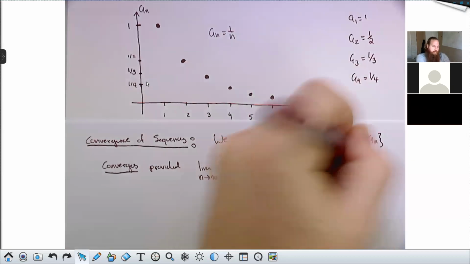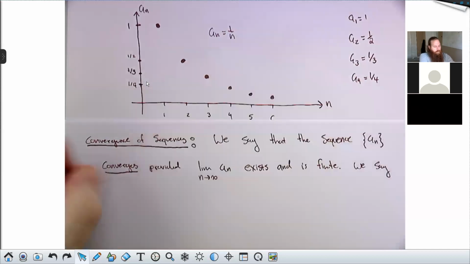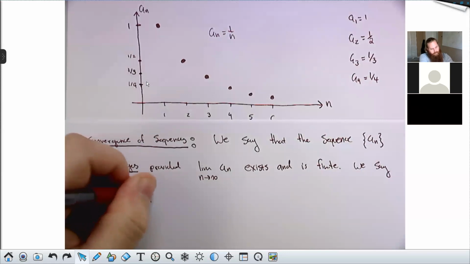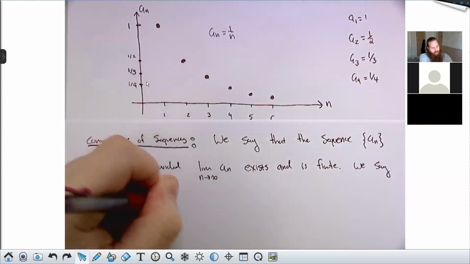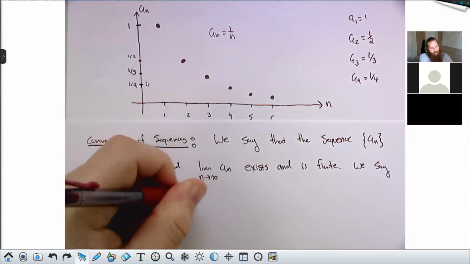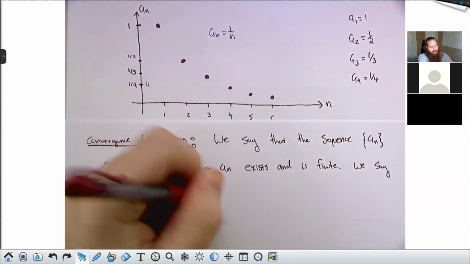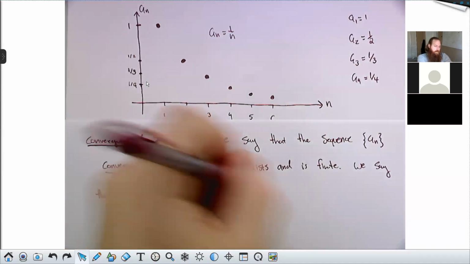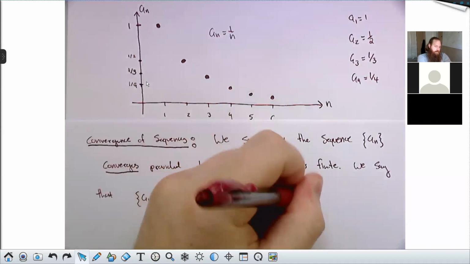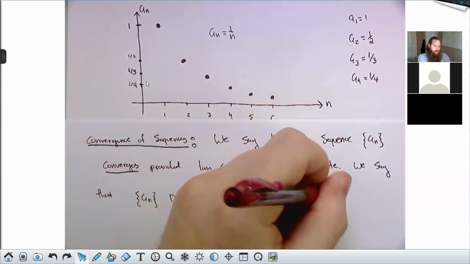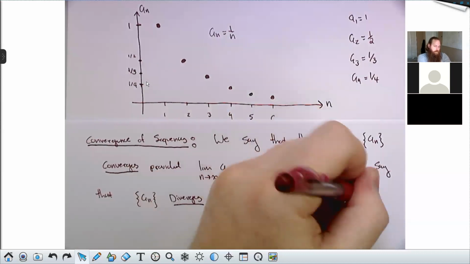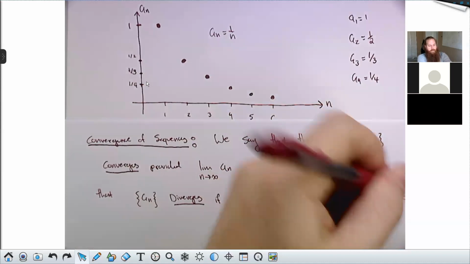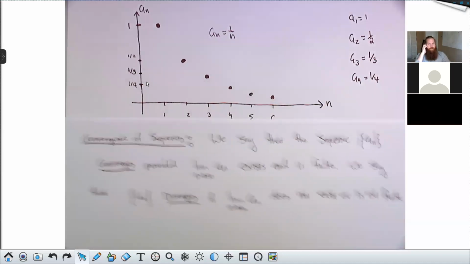We say that {a_n} diverges if the limit as n goes to infinity of a_n does not exist or is not finite. That's all.